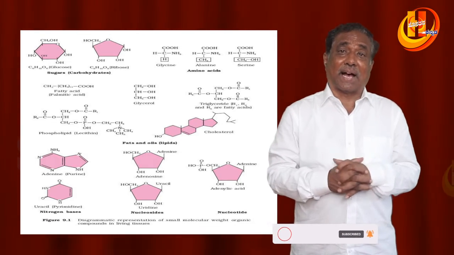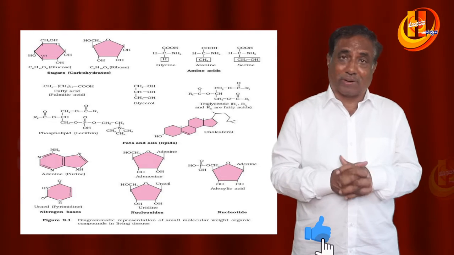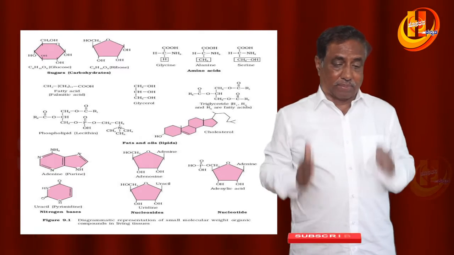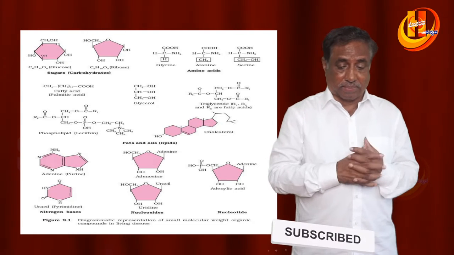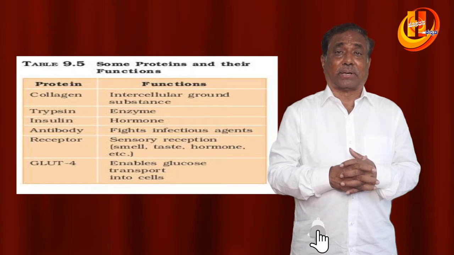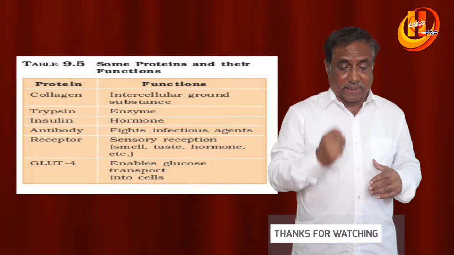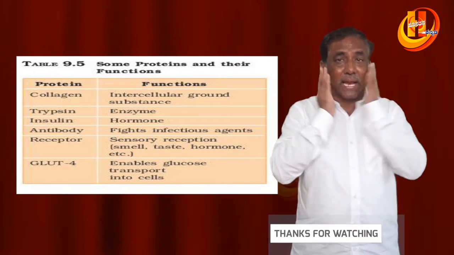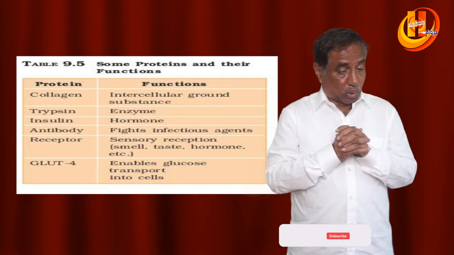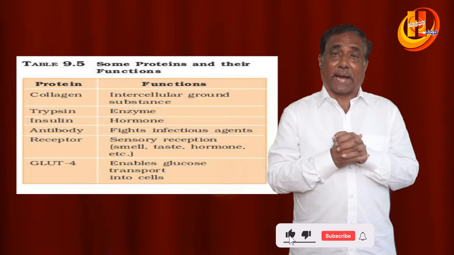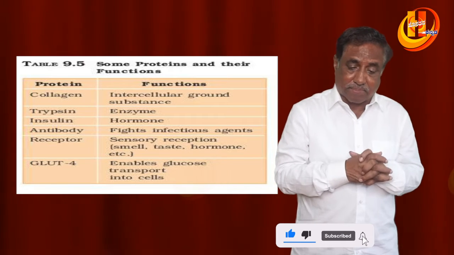And proteins are the macromolecules, as I told you earlier. They are heteropolymers, not homopolymers. Different types of proteins, for example, collagen is the intercellular ground substance present, and antibodies which fight against infection, for example globulin.